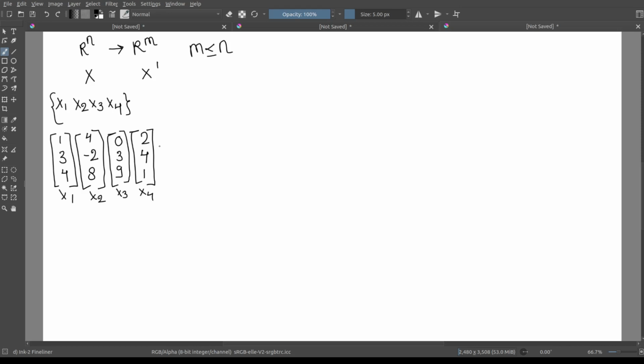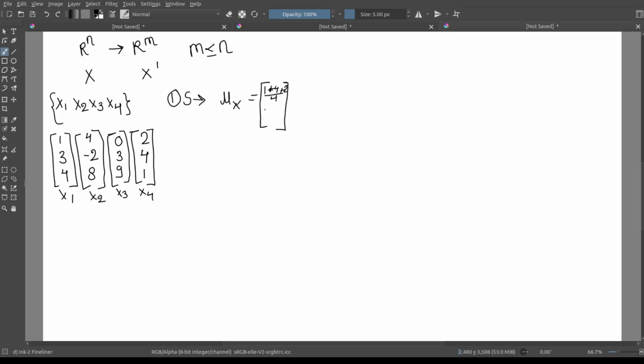Okay, so the first step is to compute the mean of these vectors, mu x. I am not computing the mean of all four, but I will tell you the procedure so that you can easily compute. Otherwise this video will be too long. So the first component will be 1 plus 4 plus 2 divided by 4.